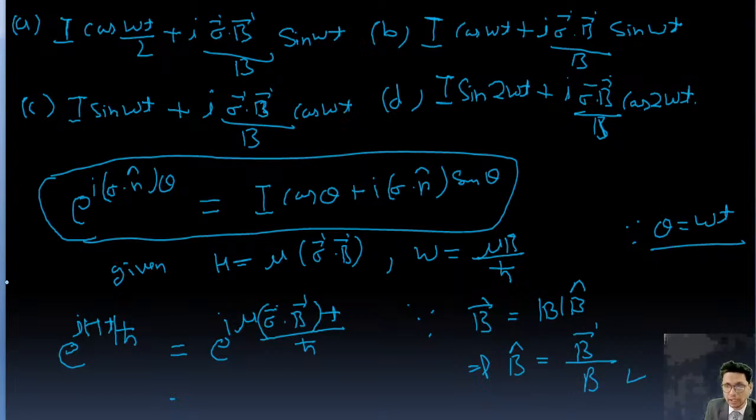We can write any vector is equal to mod of vector into its direction. We know it, right? Okay.